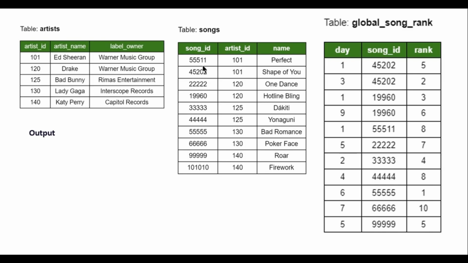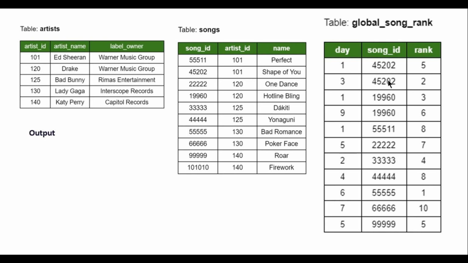Now if we look at the global rank of these songs, for 55511 we can see there is only one appearance, on day 1 with rank 8. And since the rank is 8, it is under the top 10, so we will be considering this appearance. The second one is for the song ID 45202.